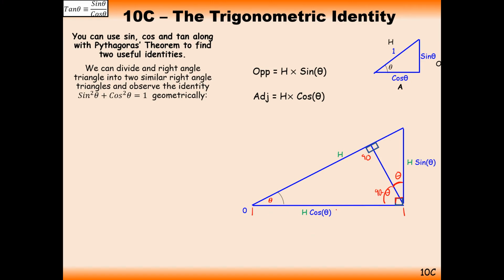Now think of this as the new hypotenuse here, like this little h is the hypotenuse of this smaller right angle triangle down here. So if I want to calculate this, this is the adjacent side of that triangle with regard to this angle theta, right? Adjacent to theta, and its hypotenuse is h cos theta.